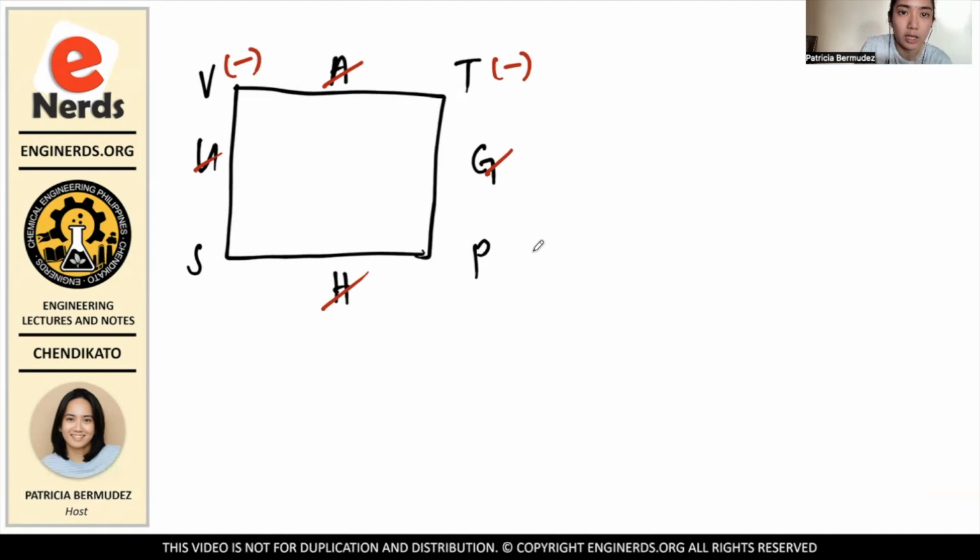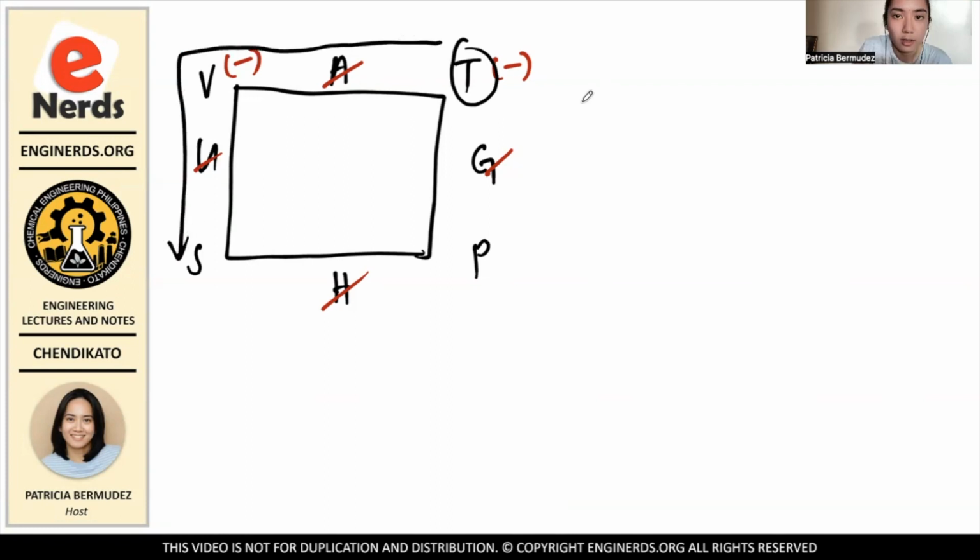And makita natin kung ano yung significance ng negative sign later. Okay? So first, let's start with T. And the trick here is that you have to go from T in one direction first, whatever you choose. It's T to V to S. Okay?